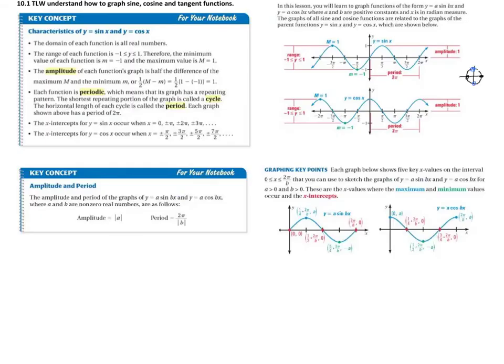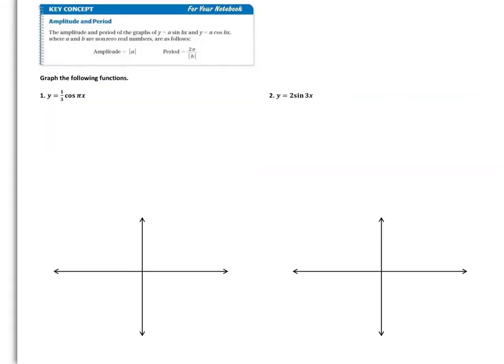So let's take a look at how to graph. Alright. Here's the amplitude again. So that's kind of what we need to find. So the amplitude is the absolute value of 1/3, which is 1/3. So what that means is from 0, when we go to make this graph, you go 1/3 up, negative 1/3 down.